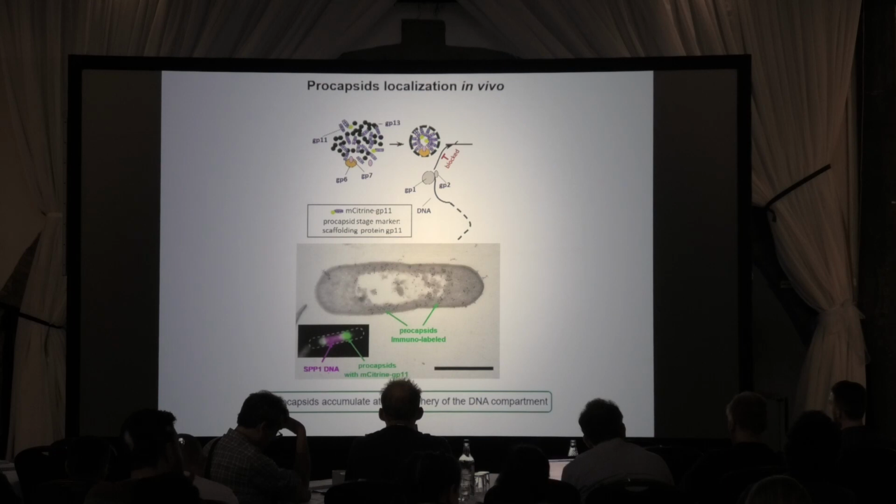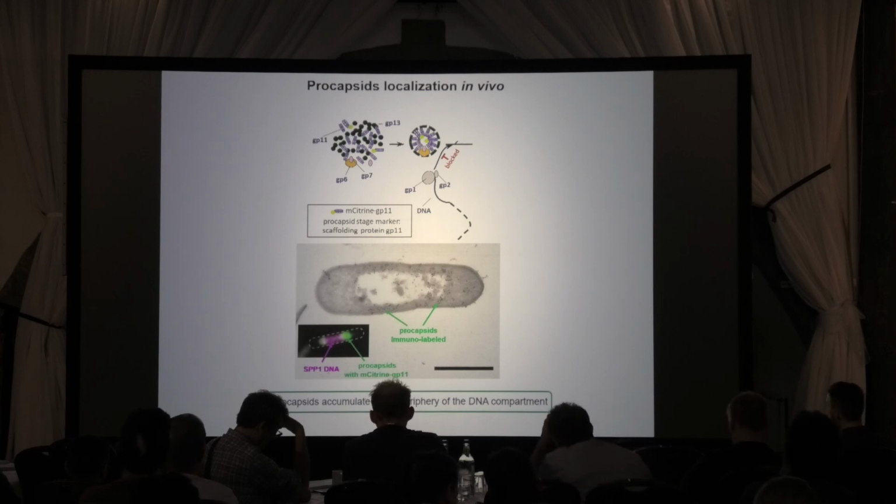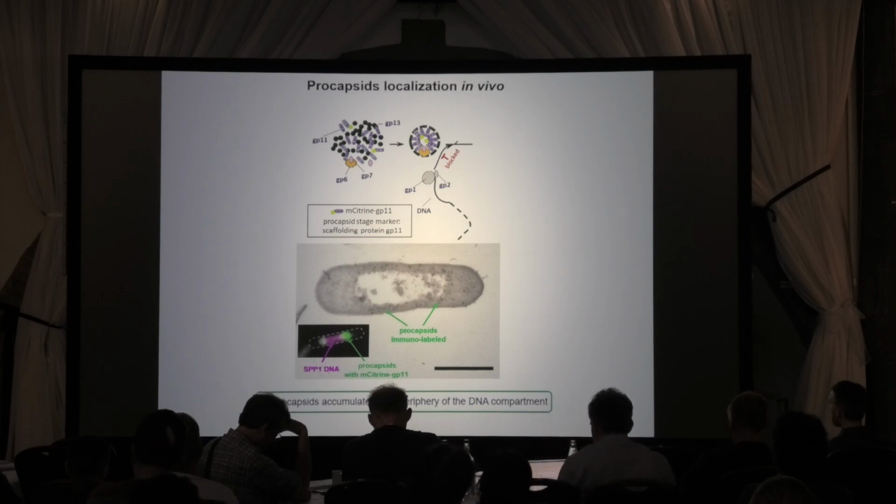We have no idea why, so I think this is definitely a good object for cryo-FIB-SEM, which we are now implementing. What we see is only the labeling and not the real particles, and this is a technical issue.